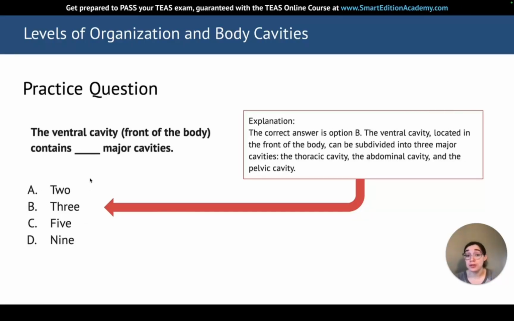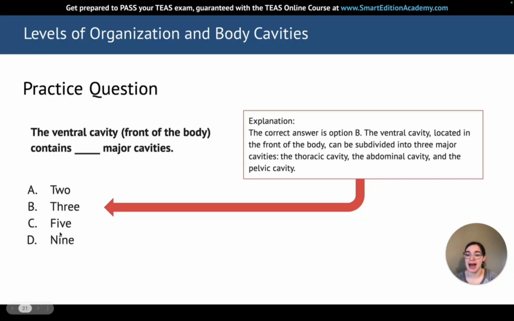It's the dorsal cavity, not the ventral cavity, located in the back of the body, that can be divided into 2 major cavities, the cranial and the spinal or vertebral. And so together, the dorsal and the ventral cavity contain a total of 5 major cavities, option C. 9 is much too many, so that answer is incorrect.